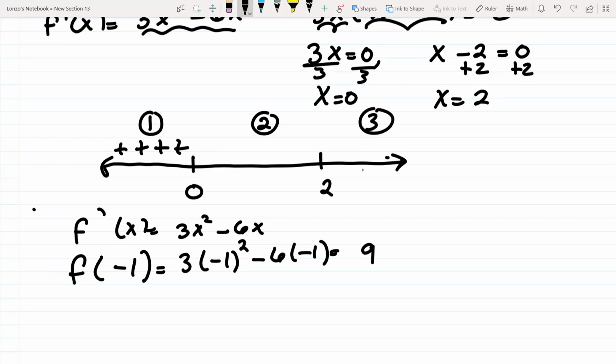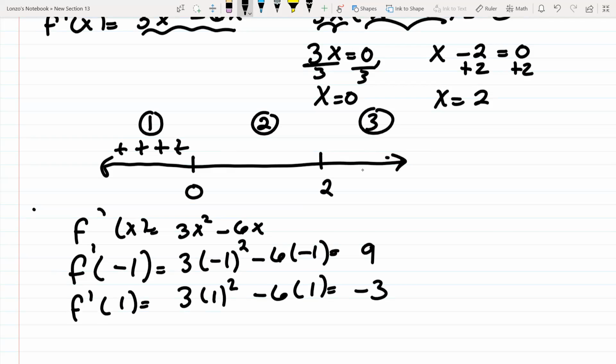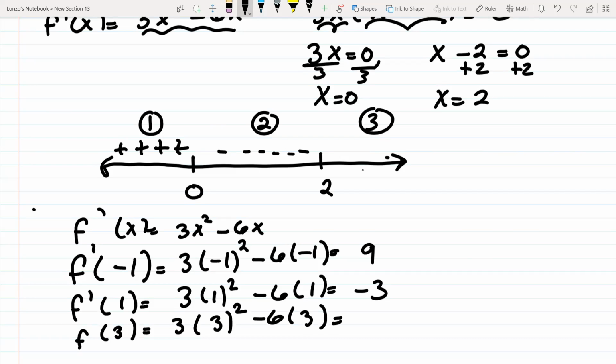A number between 0 and 2, you could do 1. I get an output of -3. That's a negative value, so you're going to put a minus. And then boundary 3, a number greater than 2, so let's do 3. That gives you an output of +9. So plus.